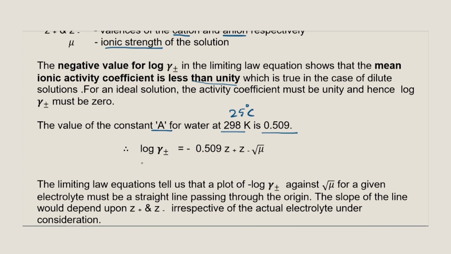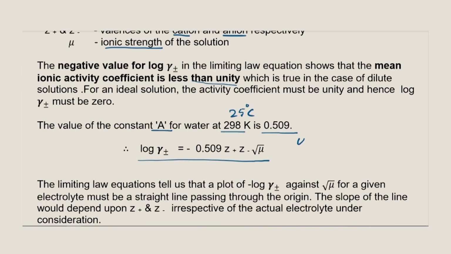Now, this expression can be considered as an expression for a straight line where the y-intercept is equal to 0. That is, the expression for straight line is y is equal to mx plus c, where c is the y-intercept, which is equal to 0.